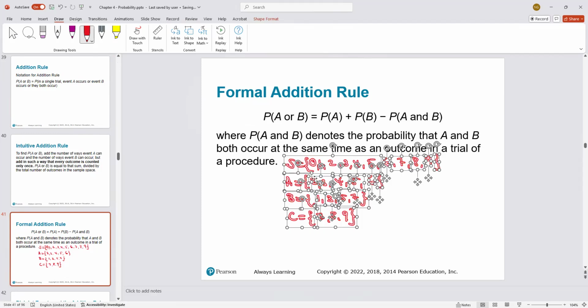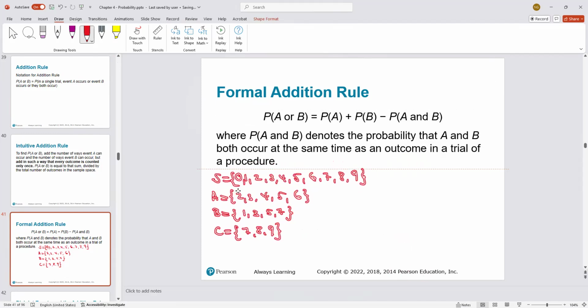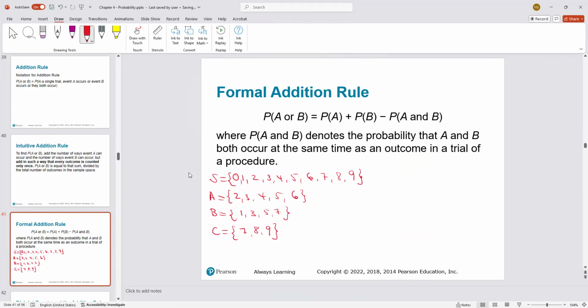The first thing we can do for this example is to use something we call a Venn diagram to represent our events. To construct a Venn diagram, you need a rectangle and some circles that will probably overlap.